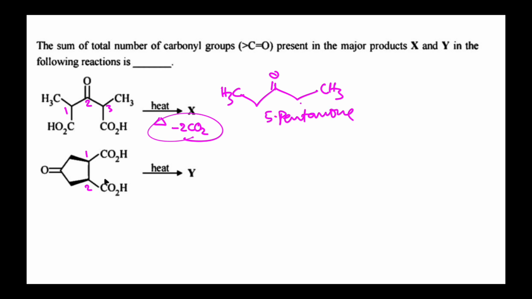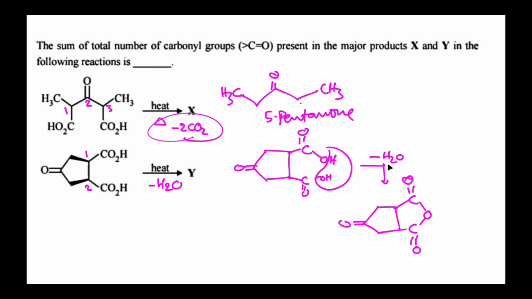But in the second molecule, the COOH groups are present at 1,2 position. So here dehydration takes place by heating. Decarboxylation does not take place. So dehydration takes place by heating, and the cyclization product is formed. So total CO groups present in X and Y: here the carbonyl group is 1, here the carbonyl groups are 3.